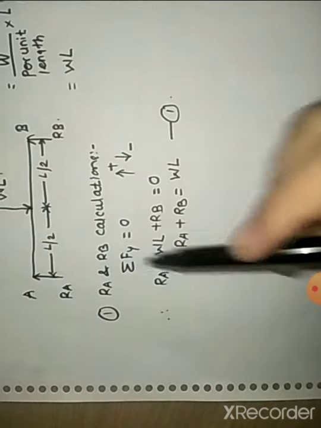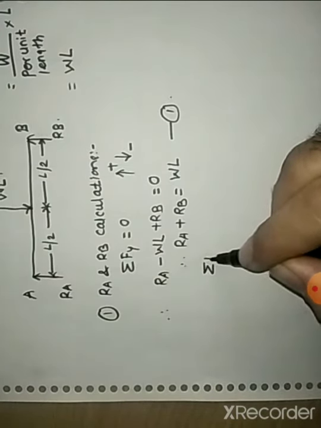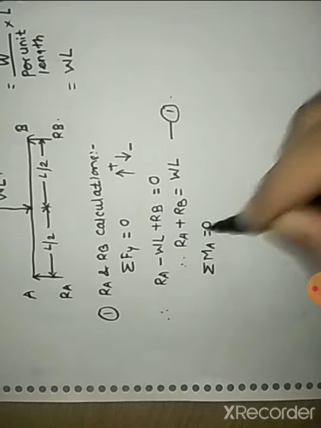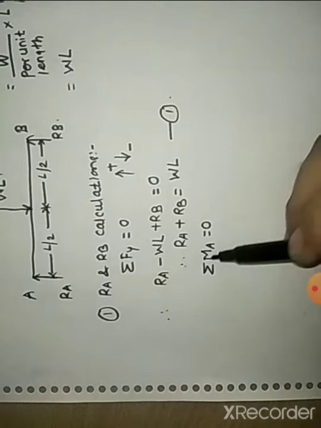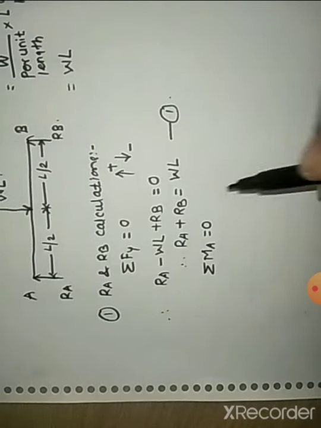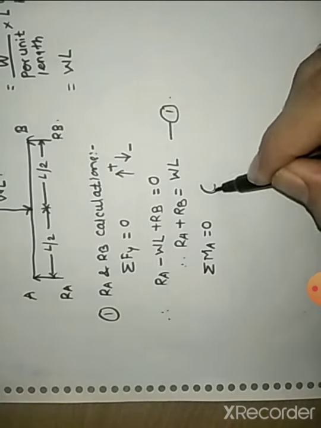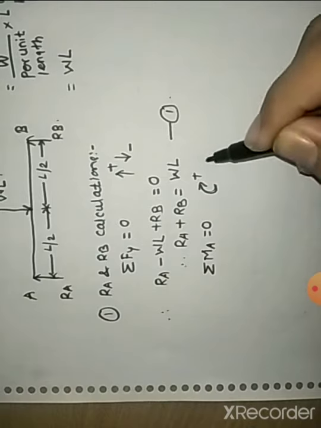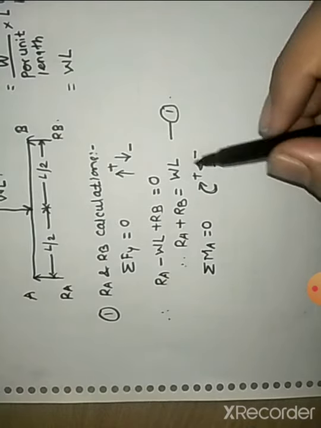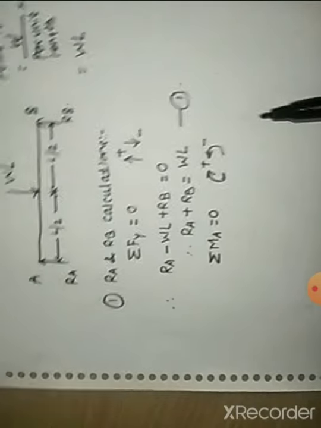While calculating RA and RB, we use summation of moment of forces at point A equals 0. Summation of moment of all the forces at point A will be equal to 0, and for the moment we use clockwise positive and anti-clockwise negative. These sign conventions are only used to calculate RA and RB, right?